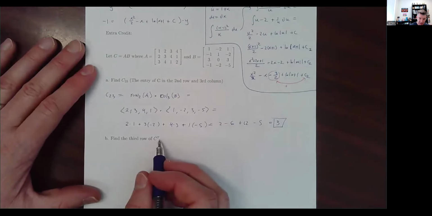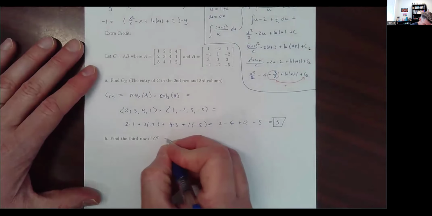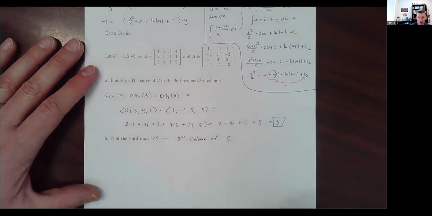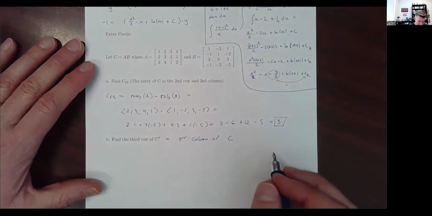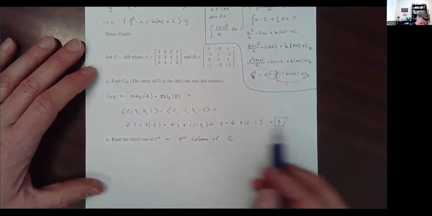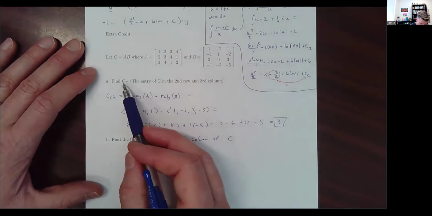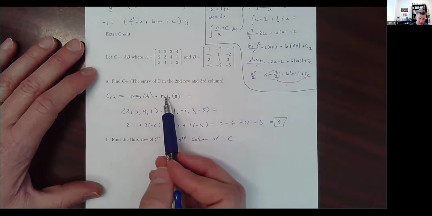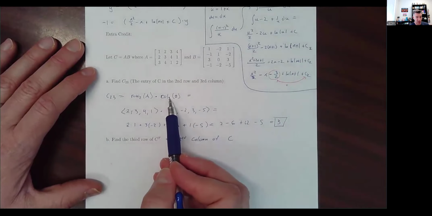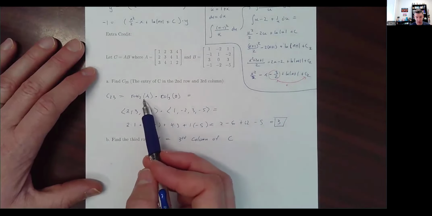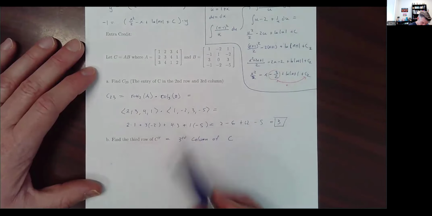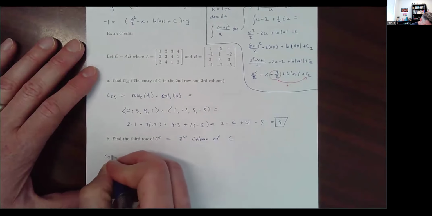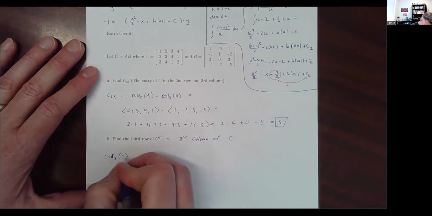Okay, third row of C transpose is equal to the third column of C, which is definitely the way I would think of it. So the third column of C is going to be, well, we know that the entry in the second row and third column is the second row of A dotted with the third column of B. So if we want all the entries in the third column of B, we need to do the various rows of A dotted with the third column of B. So to find the third column of C, so column 3 of C, my notation here is not standard.